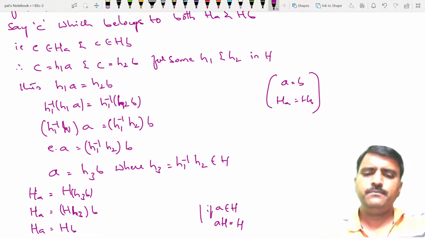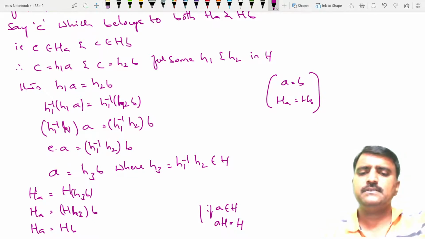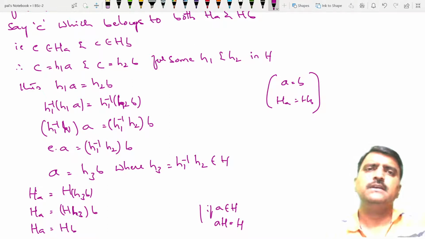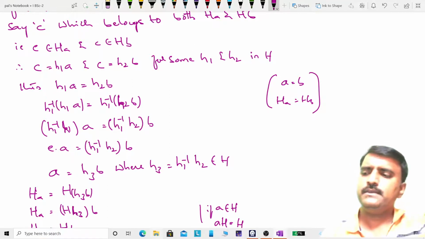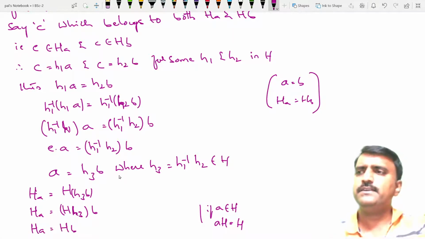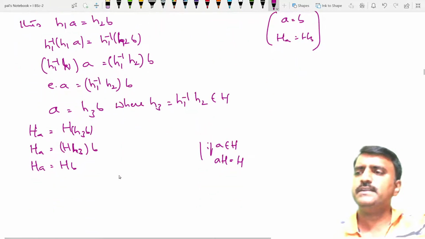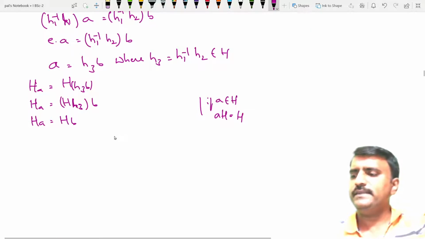Why are they the same? Because HA and HB are cosets that are not disjoint. Okay, if they are not disjoint, then what happens? They are identical. That is what we proved here: if they are not disjoint, we prove that they are identical.